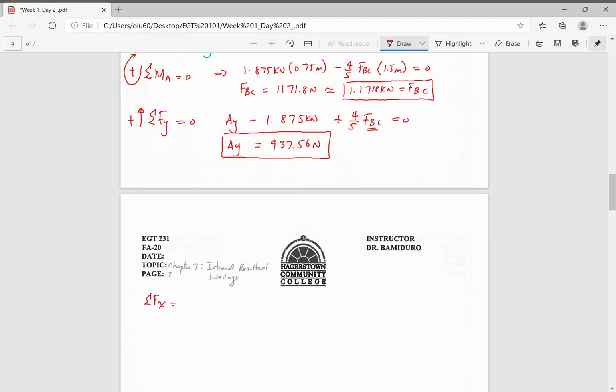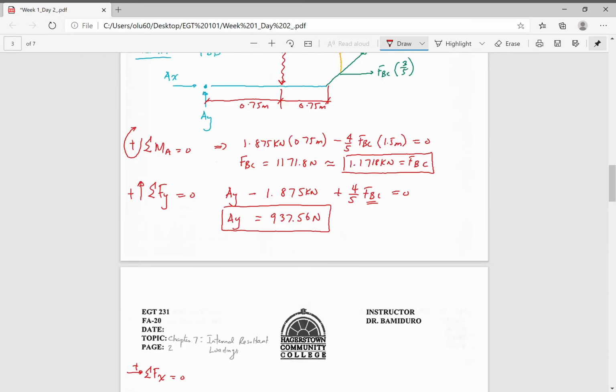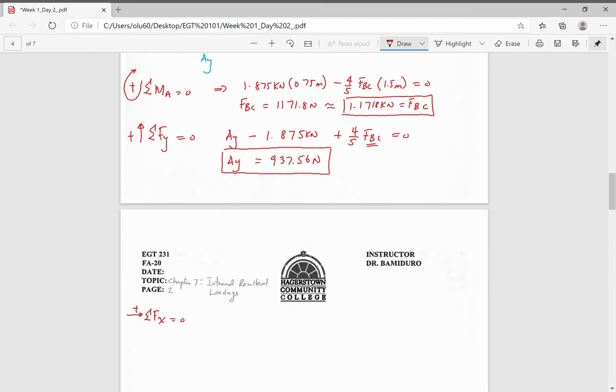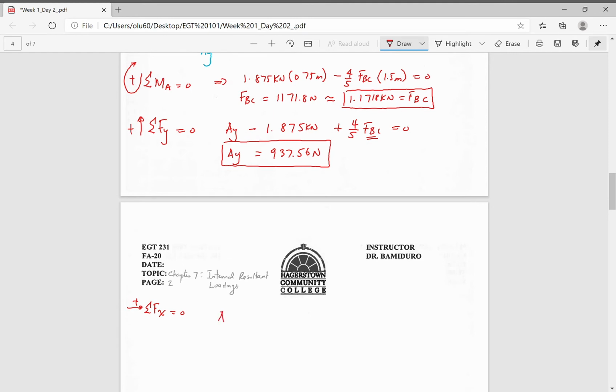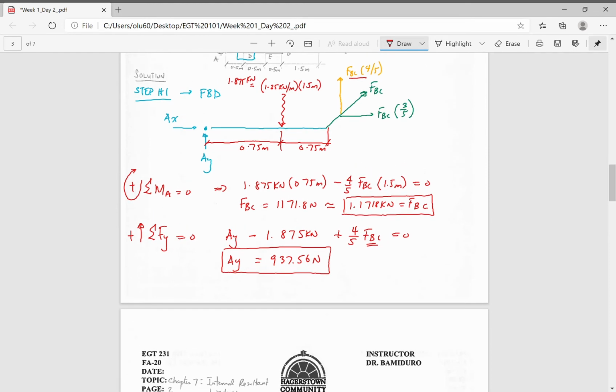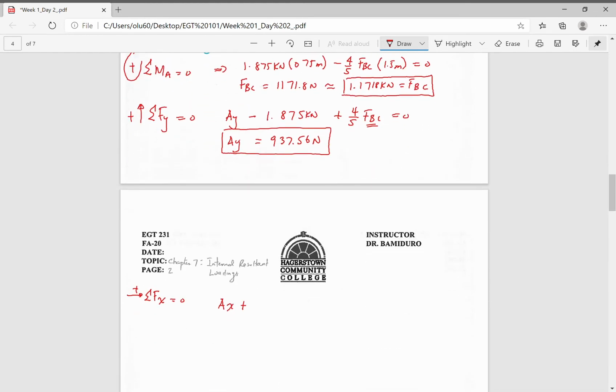Then the sum of the forces in the x direction equals 0. Here we have AX plus 3/5 FBC equals 0. We already know what FBC is.